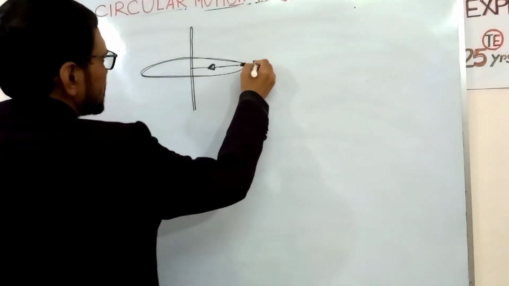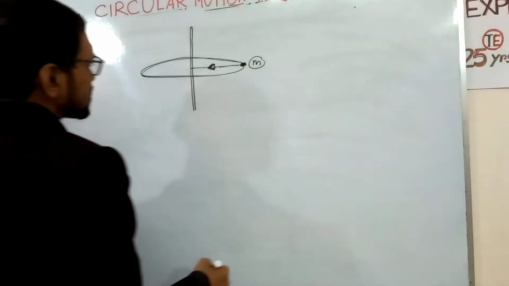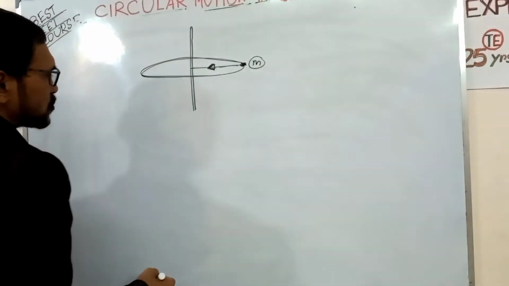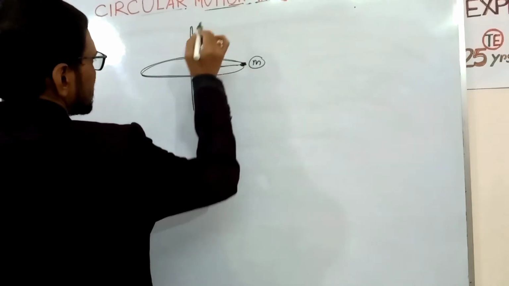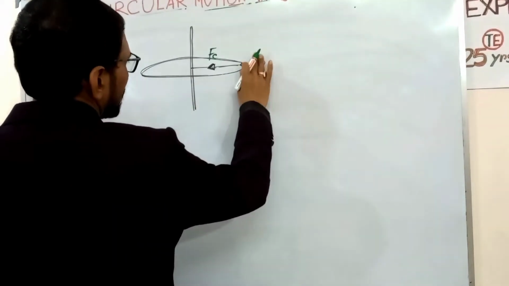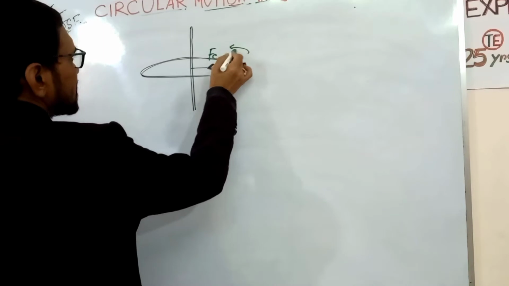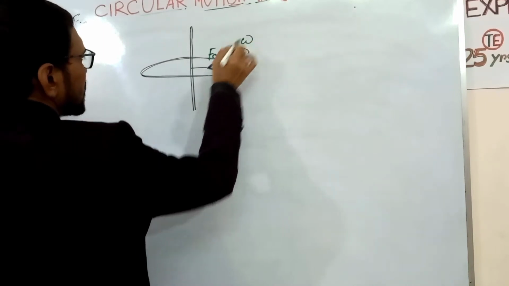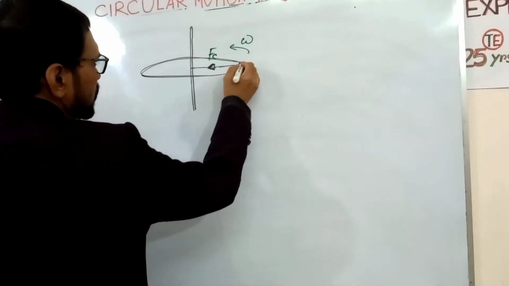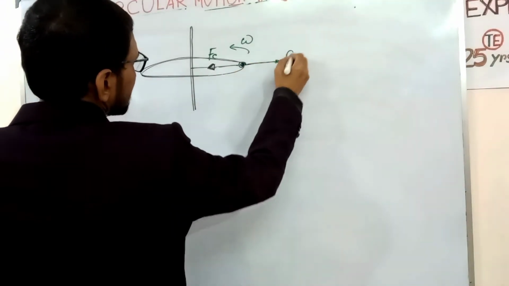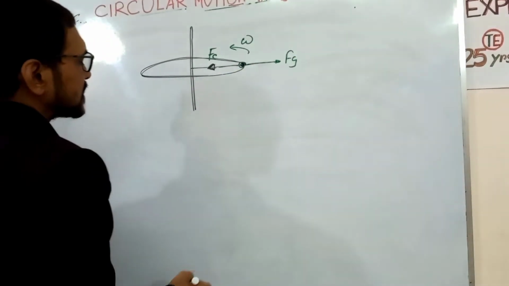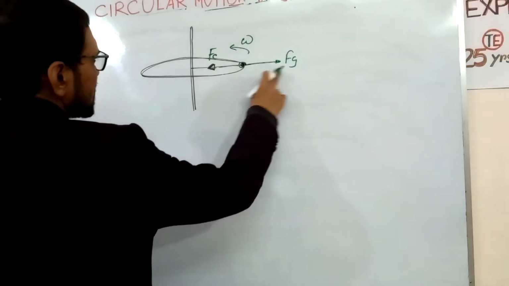Now if we multiply mass by acceleration, then we get the force. So in this direction centripetal force is produced. Now when the body rotates with omega, then centrifugal force is developed, which acts radially outward.